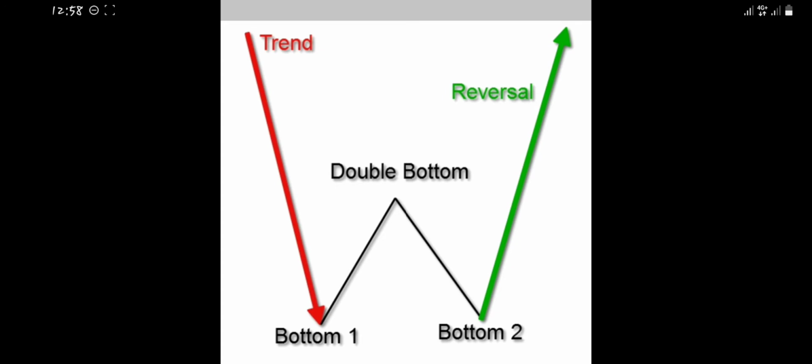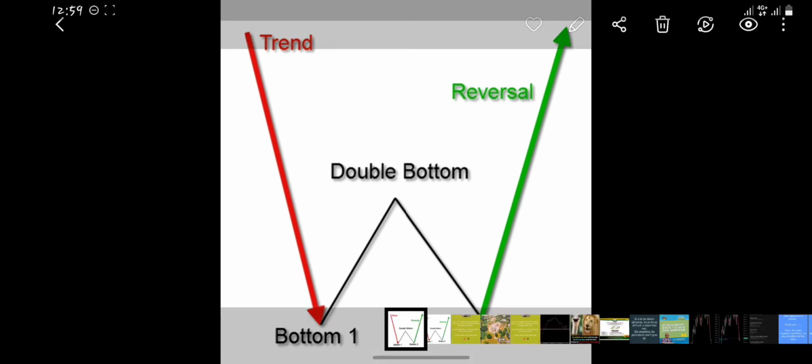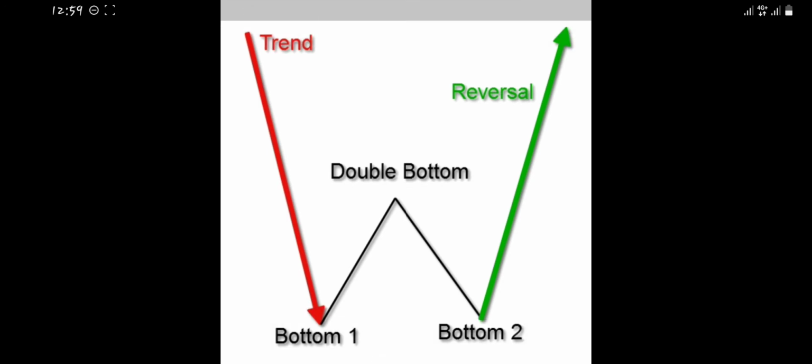So, for example, what we are talking about right now is the double bottom. So the double bottom is a reversal chart pattern. That is the first thing we have to understand. Double bottom is basically a reversal chart pattern.